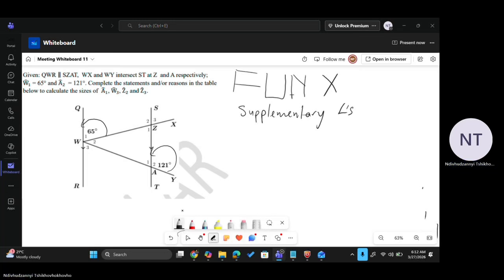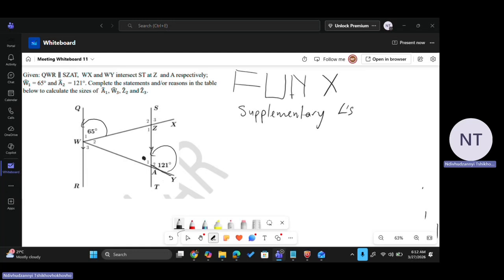Then they say to you, complete the statement in the table below to calculate the size of A1, W3, Z2, Z3. So let's start with A1. So A1 is this guy, right? So I told you, if something applies, then use it.